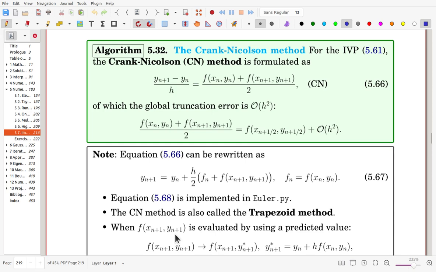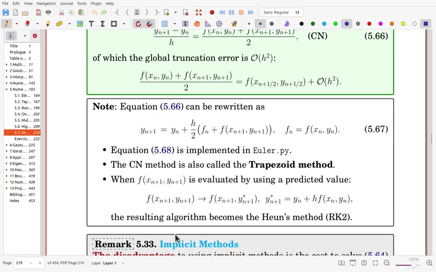Now this term is evaluated by using a predicted value. For example, this one is now replaced by that one, while y_{n+1} star is predicted by using the Euler method. Then here we don't have to solve the problem implicitly, and the resulting algorithm becomes Heun's method, or we call it the second order Runge-Kutta method, right?